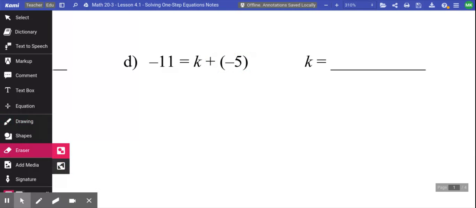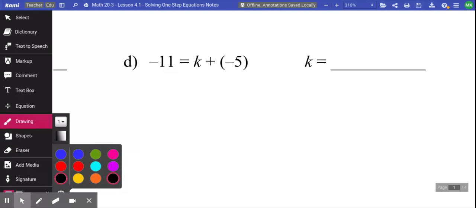We have that situation where there's 2 signs again. So if you have plus minus 5, we can rewrite that to be k minus 5. A positive and a negative becomes a negative. Now my goal is to get k by itself.